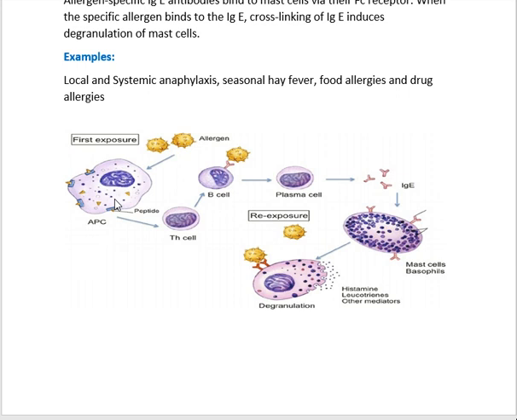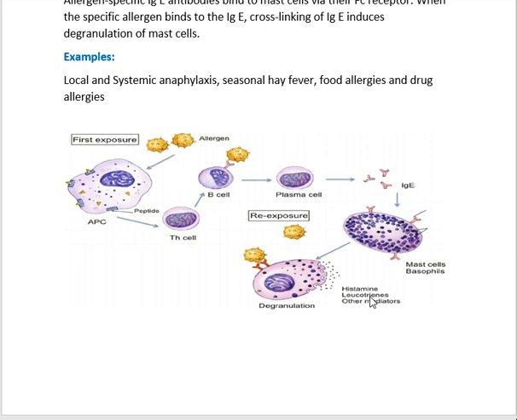Now, when the second exposure occurs with the same antigen or allergen, the allergen directly attaches to the surface bound IgE on the sensitized mast cells, causing degranulation, and this degranulation releases physiological mediators such as histamine, leukotrienes, the slow reacting substances of anaphylaxis, then heparin, prostaglandins, platelet activating factors, eosinophil chemotactic factors of anaphylaxis, and proteolytic enzymes.